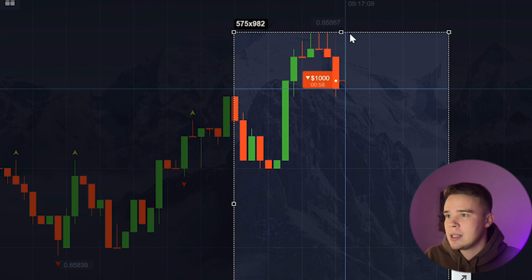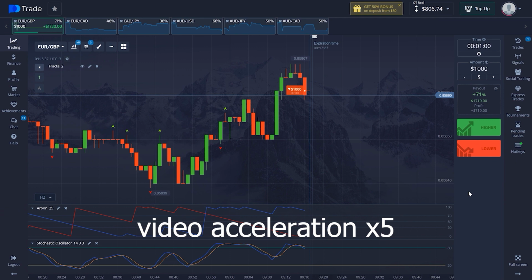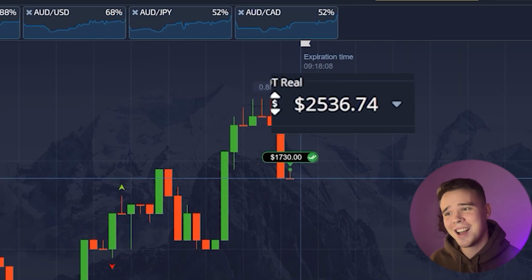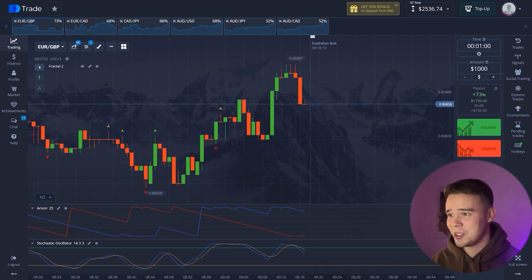The price made its high and then declined repeatedly. I expect it to decline some more, but let's see what's happening. As you can see, it actually went down, and completing the trade gave me 730.